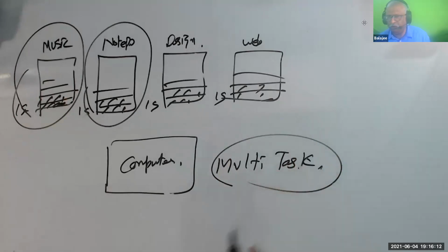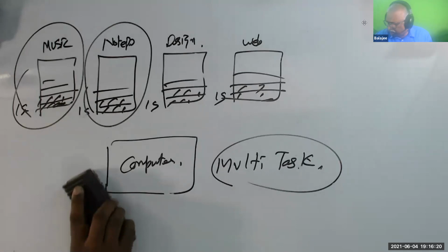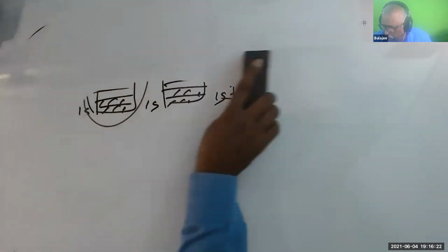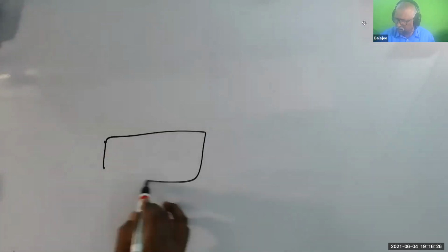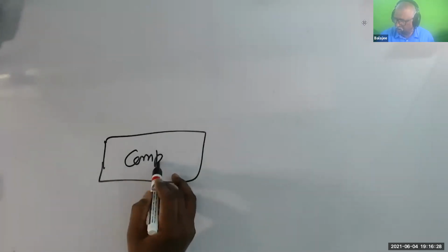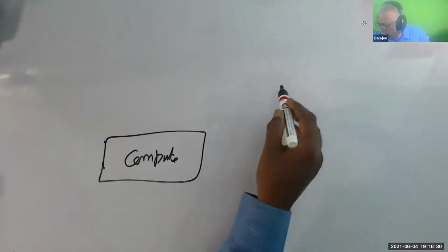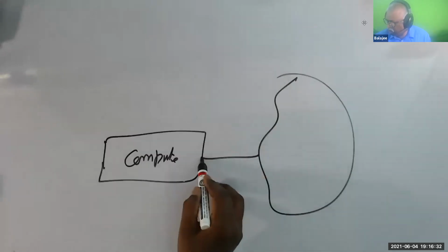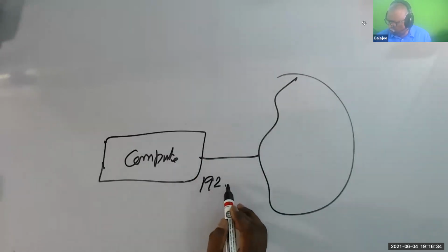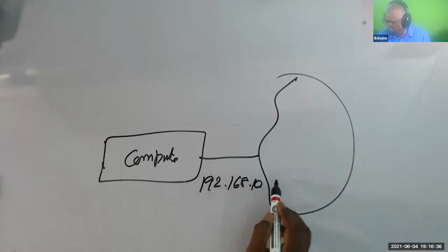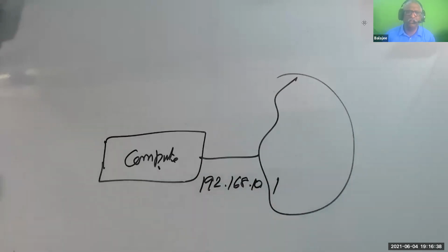But a task means process, duty, your work, whatever you call it. Now think of it for a minute. Your computer, to the outside network, is 1 computer, and you'll be getting an IP of 192.168.10.1 because you have only 1 computer.